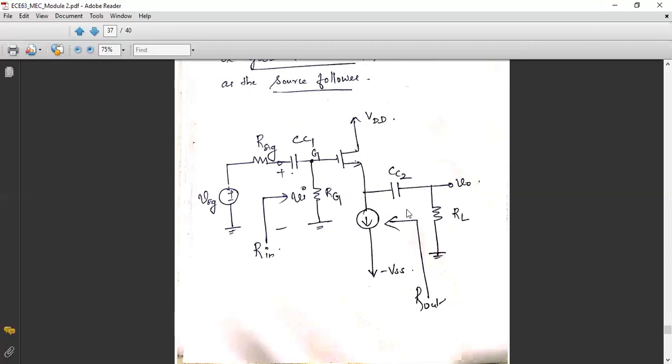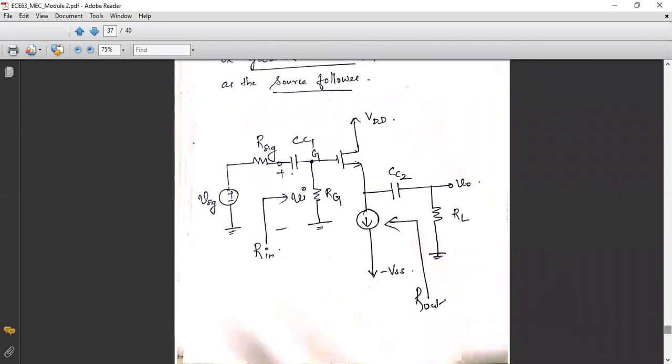When the gain is unity, there is no amplification. Whatever you give at the input, you get at the output at the source, and it follows the input. Therefore it is known as source follower, otherwise known as common drain. Why is it common drain? Because you give input to the gate and take output from the source, so the drain is common to both input and output. That is why it is known as common drain amplifier.